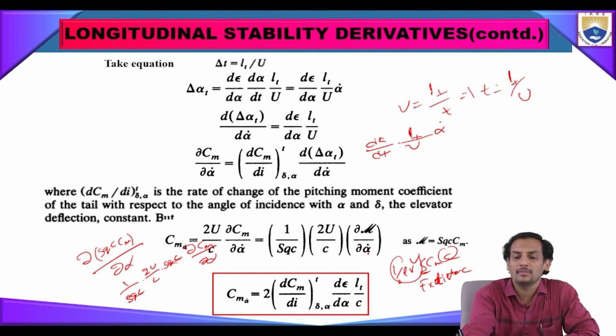In terms of this, what is the left term? The left term is this one: dε/dt into lt by U, where the U will get cancelled and C will be there.